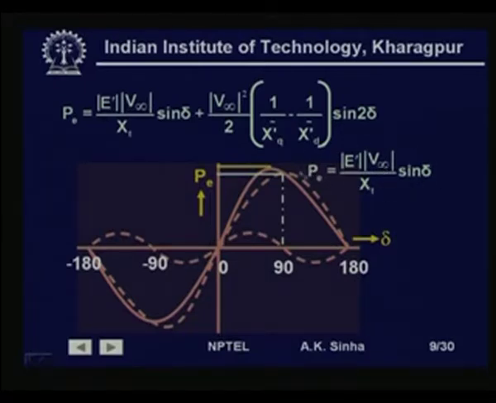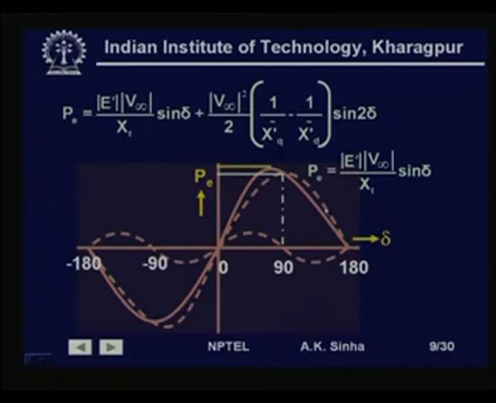This is the term that we get for a cylindrical rotor machine. That is, this is the power angle characteristic for the cylindrical rotor machine in the generating mode like this, and in the motoring mode it will be like this. I am sorry, this should go beyond this. This curve is not very proper. For generating mode it is okay.